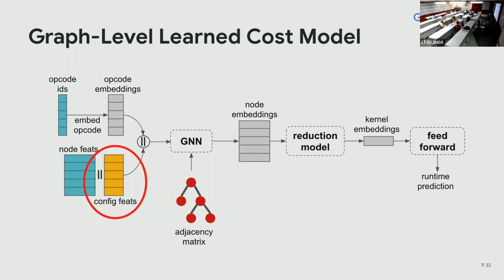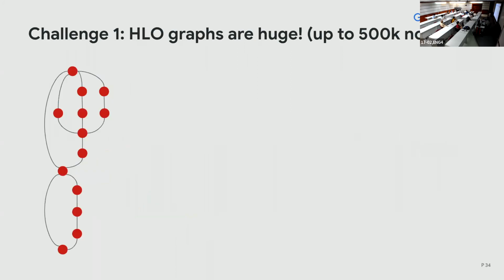We tried to scale this to work at the graph level, and it doesn't work quite so well. The first obvious problem is that the graph is really, really large. We also tried LSTM and transformer, but obviously those don't scale either.